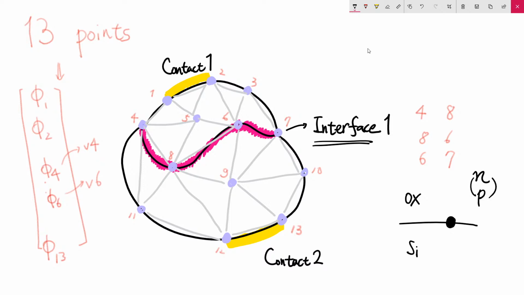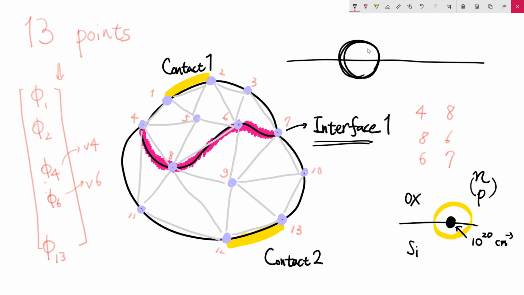Then I'm asking you, what is the electron density at this point? Then maybe you can answer me, oh professor, there are 10 to the 20 per cubic centimeter electrons there. Are you sure about that? Then let me just magnify this part. We will have a certain point here, and this is oxide, and this is silicon.